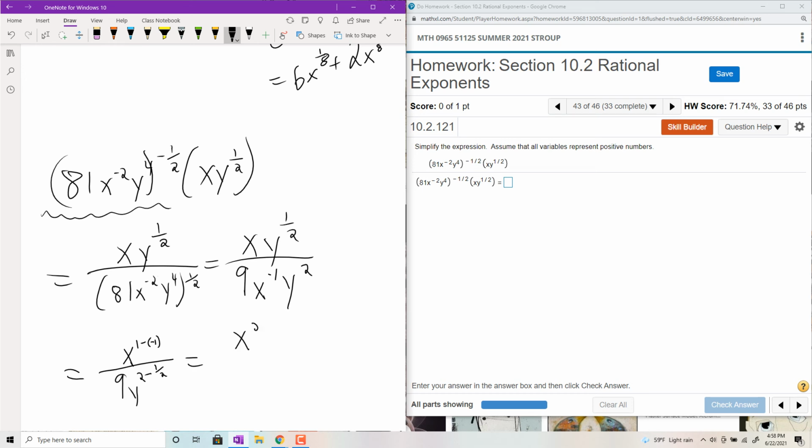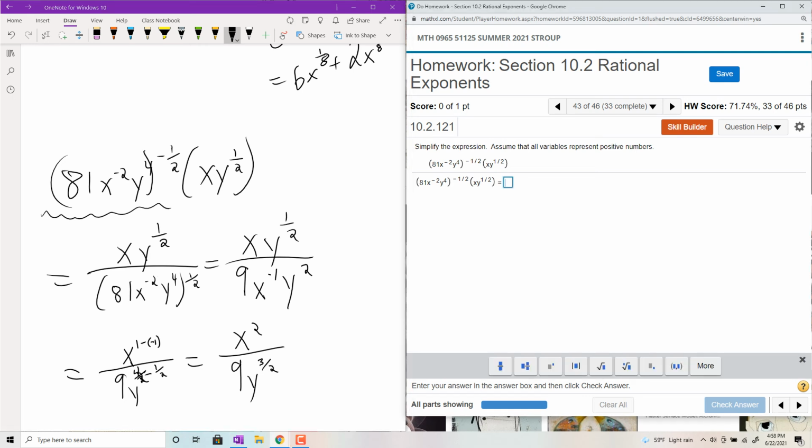So I'll have x squared all over 9, and 2 is the same as 4 halves, so y to the 3 halves. So x squared divided by 9 y to the 3 halves.